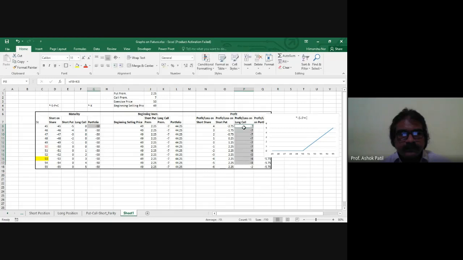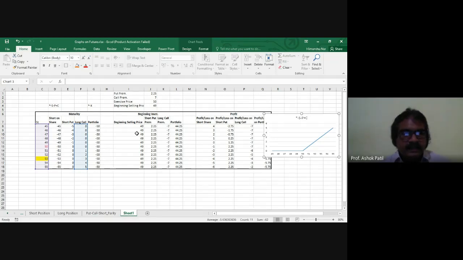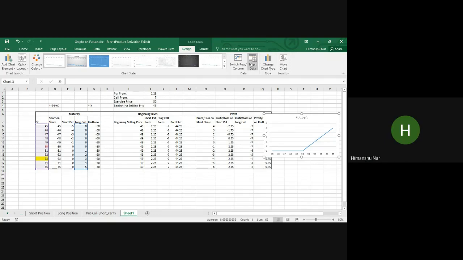No, hold on. You are not selecting all three. I have to select all three. Select all three, insert. I'm saying the long call and long call profit, so columns C, F, and P. Hold on, sir, I think I have to select data again and then do it.